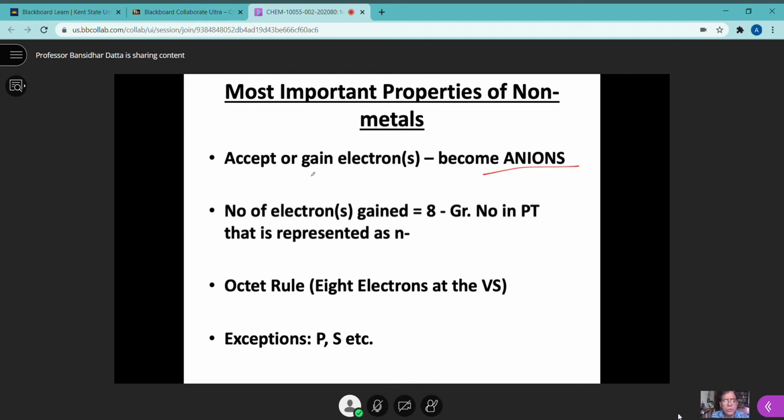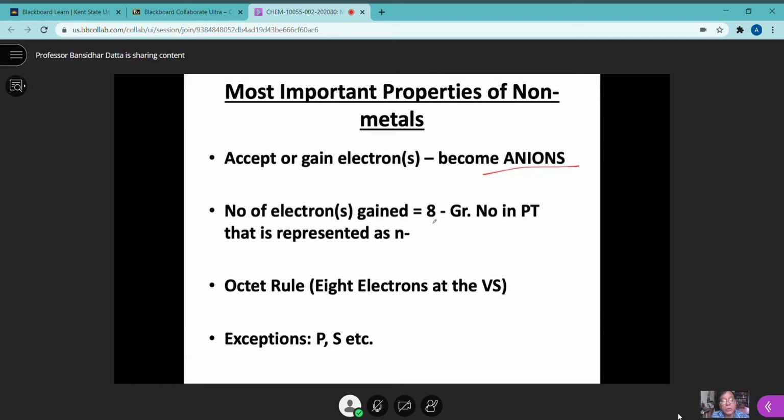Group 4A is also non-metals, but it doesn't readily lose or gain electrons, because we'll talk about that with the carbon compounds, and there is a lot of information there on how carbon makes compounds with many other elements. So group 5A, 6A, 7A are non-metals. They accept electrons and become anions. How many electrons they gain depends on the position in the periodic table.